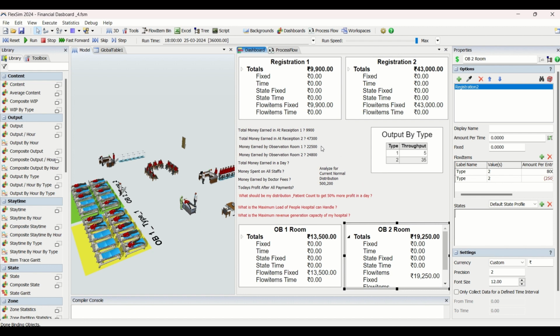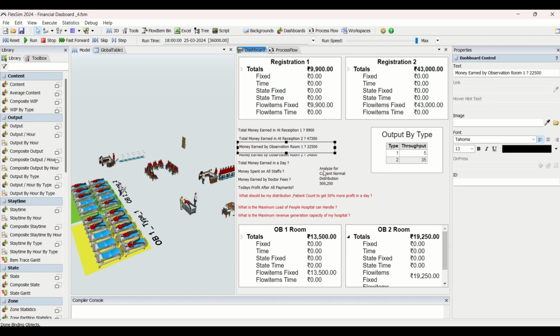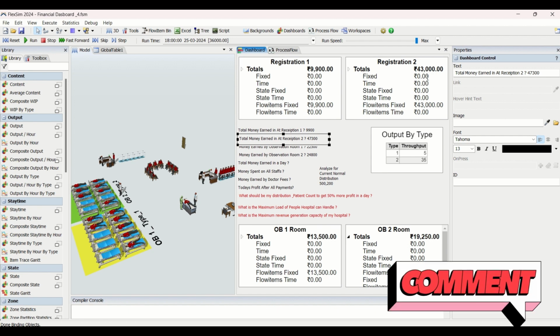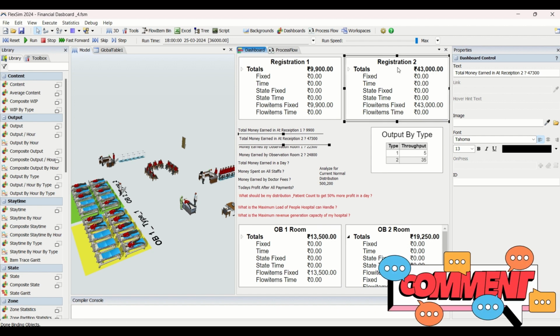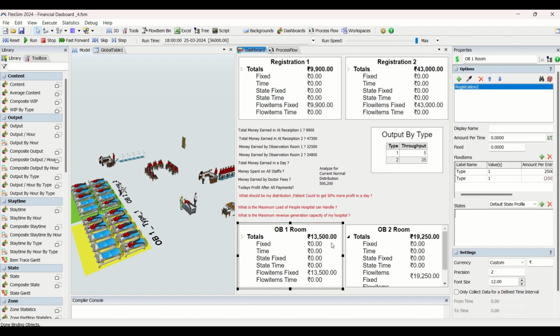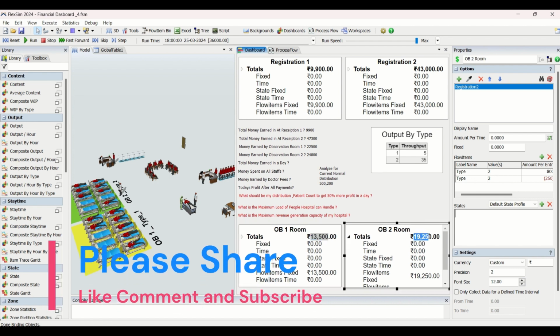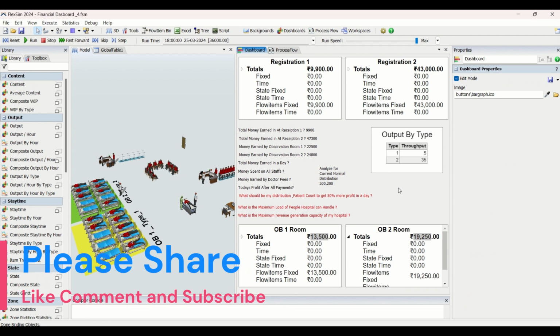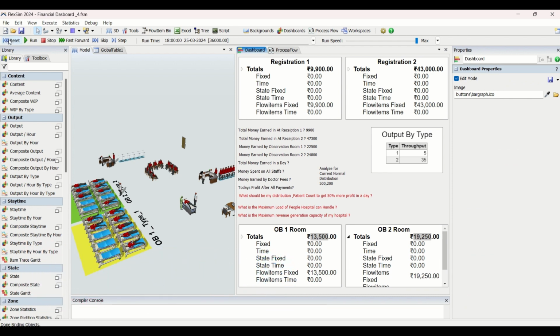Initially we got 22500, here we got 24800, and here we got 47300, and now we are getting 4300 in here. And here you are going to get 13,500, and you're going to get 19,250 in here. So this is where the deduction plays a role.